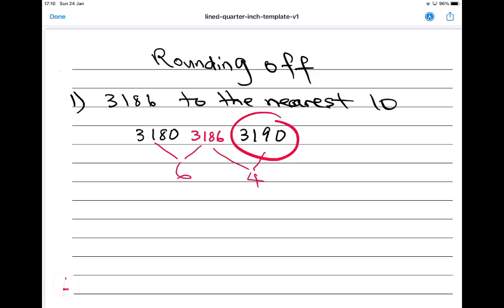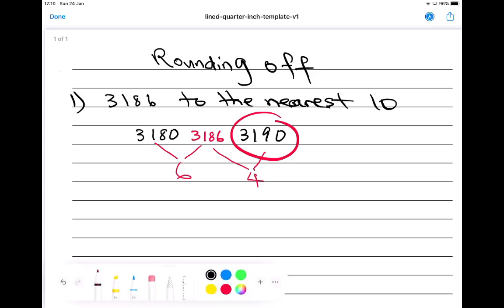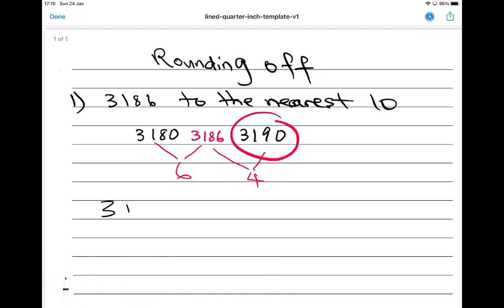So you just need to count 4 more to get to 3,190 from 3,186. So we can agree, therefore, that 3,186 is approximately equal to 3,190 to the nearest 10.